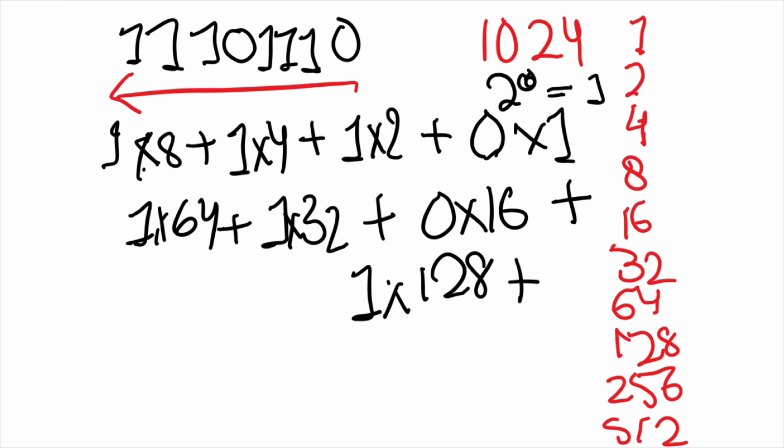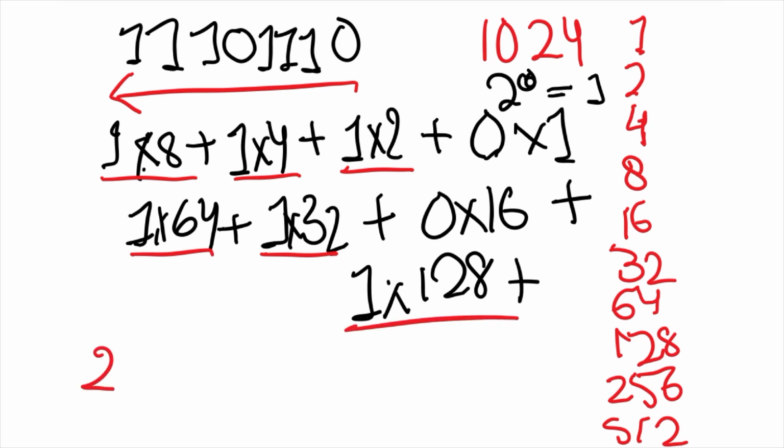Now, we know that any number multiplied by 0 would be 0, so we're going to just add those numbers which are being multiplied by 1. In this case, we have 2, 4, 8, 32, 64, and 128.